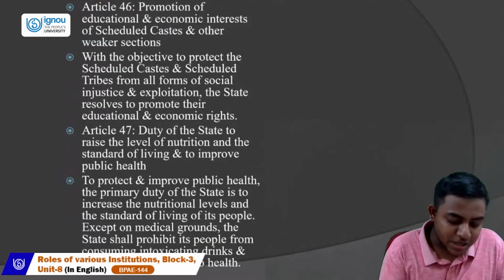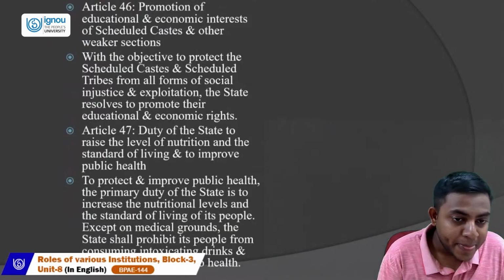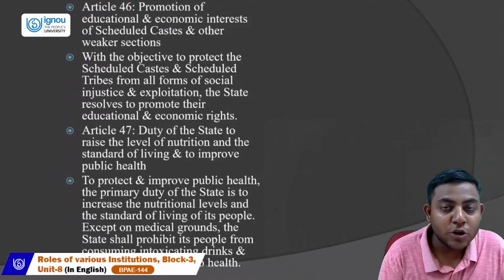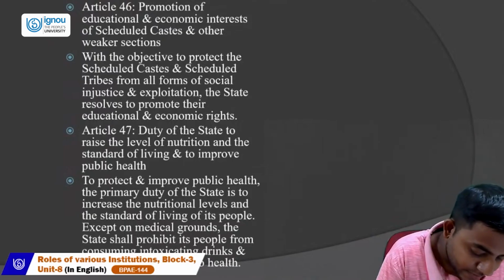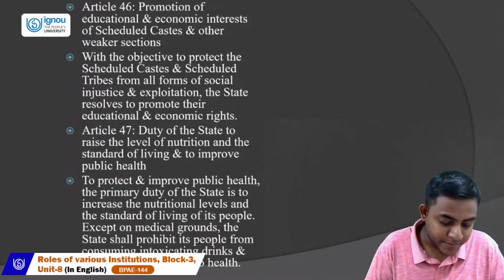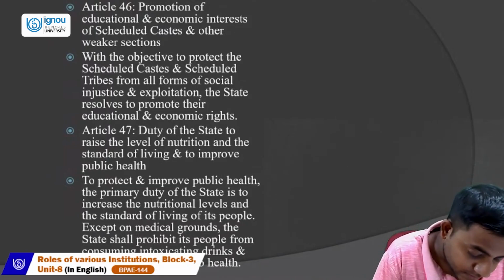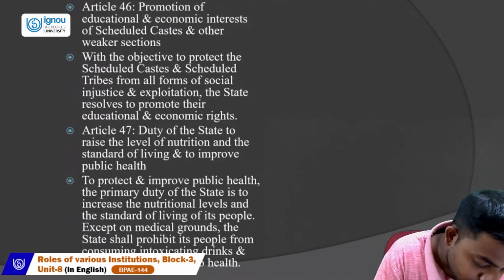Several initiatives have been launched by the government to improve public health. For example, the National Rural Health Mission, the NRHM, and the scheme that is the Ayushman Bharat Yojana. That is also a very significant scheme that has been launched by the union government to improve public health in line with this directive principle. To implement this directive principle, the government has launched multiple schemes.